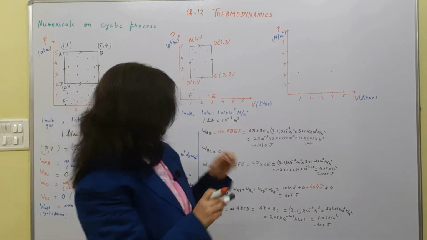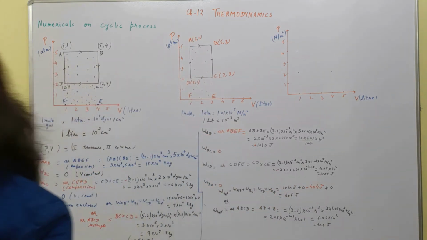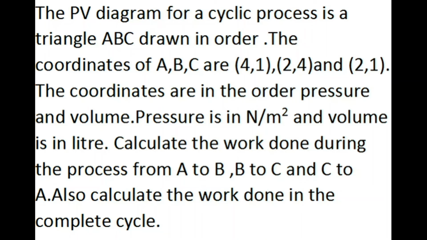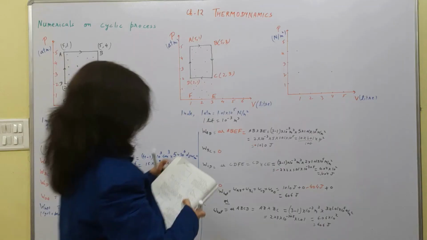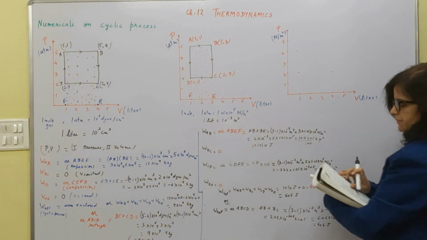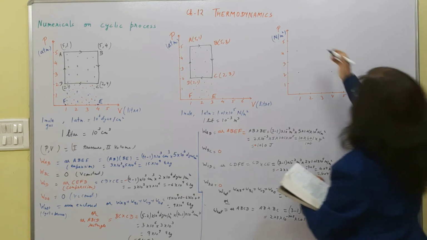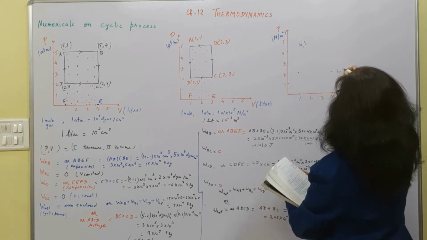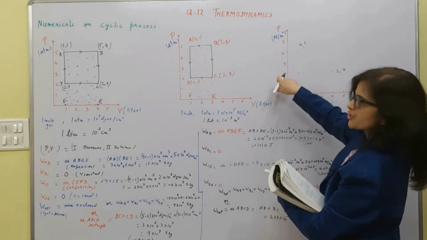Now, the last question. Again, the PV diagram for a cyclic process is a triangle ABC drawn in this order. The coordinates of ABC are 4, 1, 2, 4. This is 4, 1. This is 2, 4, because 2 is pressure. First coordinate is pressure.